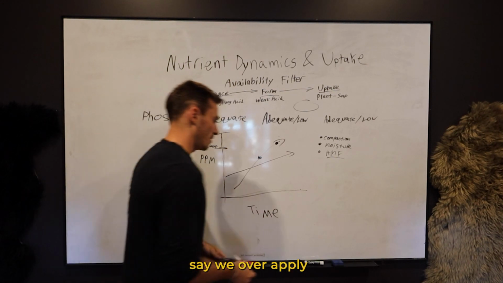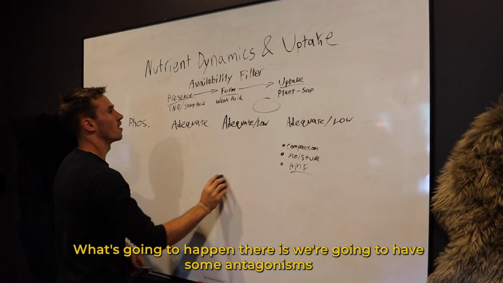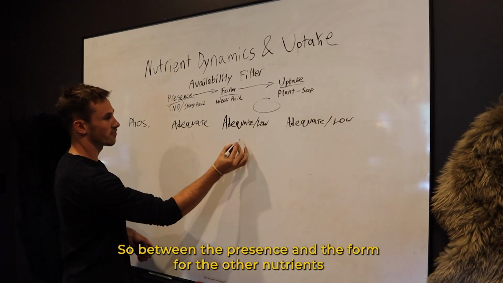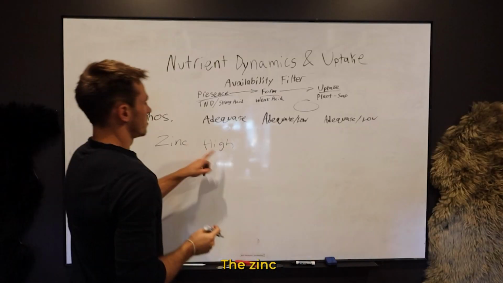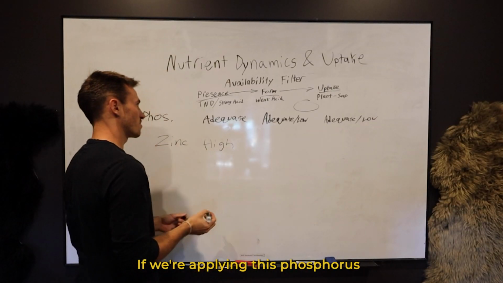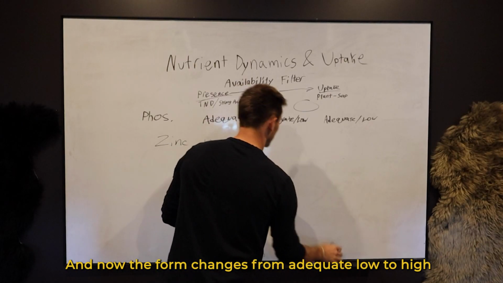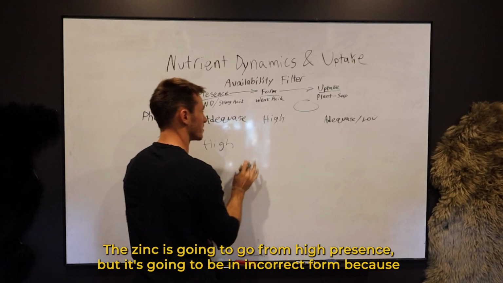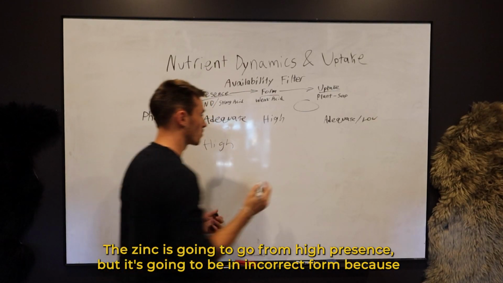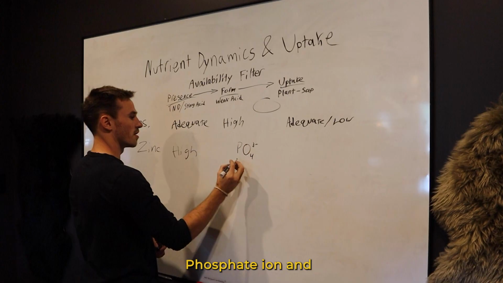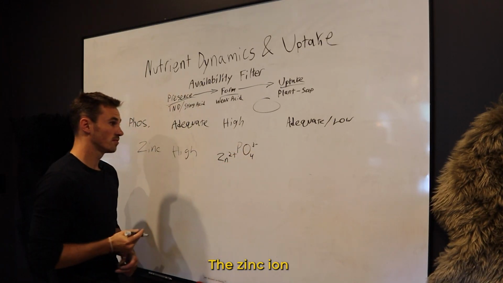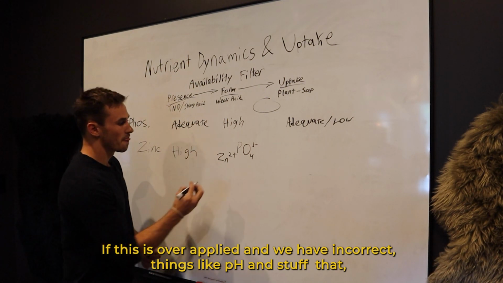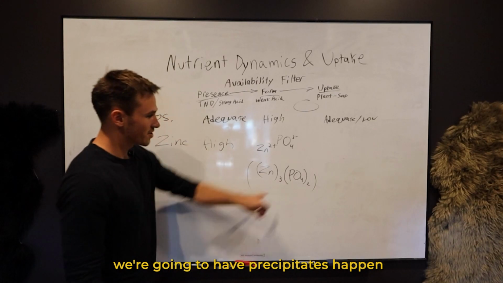Say we over apply. What's going to happen there is we're going to have some antagonisms. So between this presence and this form for the other nutrients, this zinc, if we're applying this phosphorus and now the form changes from adequate low to high, this zinc is going to go from high presence, but it's going to be in the incorrect form, because phosphate ion and the zinc ion, right, if this is over applied and we have incorrect things like pH and stuff like that, we're going to have precipitates happen.